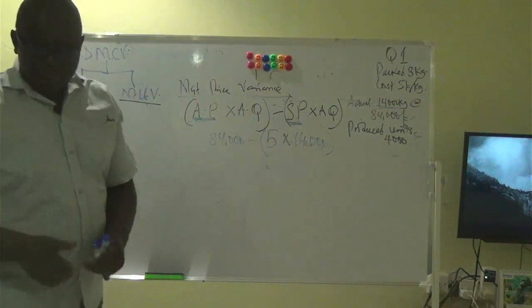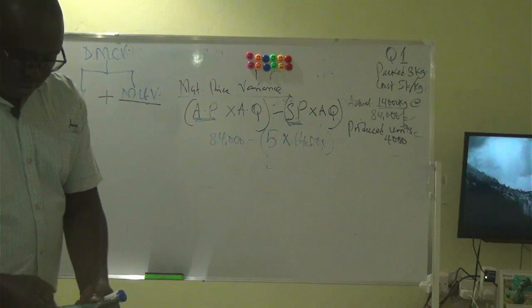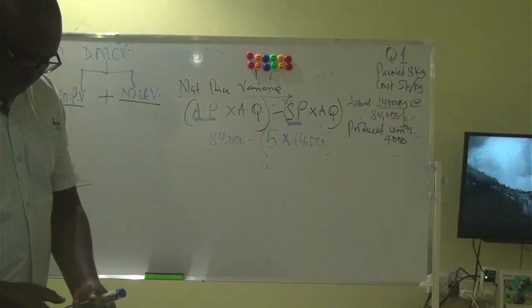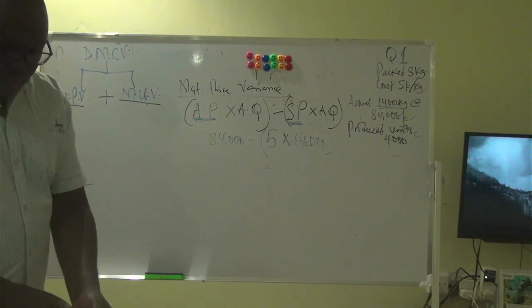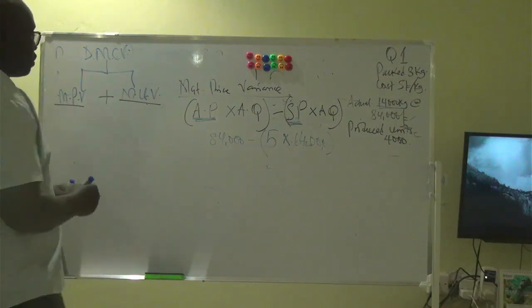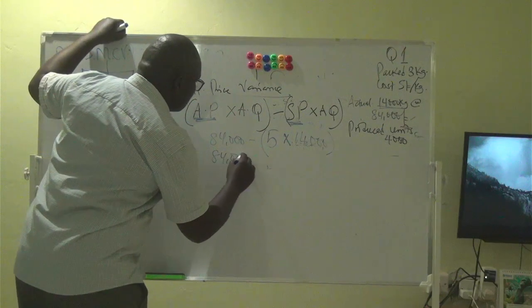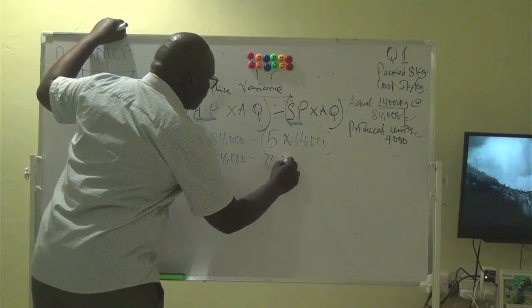So if I do 5 times 14,000, let me just pick it up with my calculator here. We have 5 times 14,000, that is 70,000 shillings. So we have 84,000 minus 70,000.